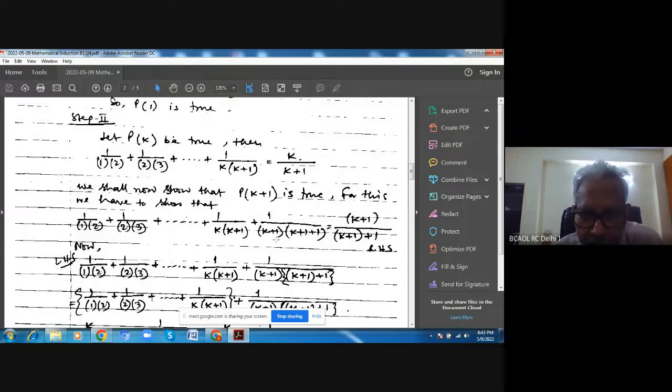In place of k, you have k plus 1. So changing this, you just add on this thing, is equal to, here also you have to change all this k to k plus 1, and so k plus 1 plus 1. So this part has changed, and on the left hand side we have to add something, that is k plus 1, the same thing, because it is the preceding figure in this case.